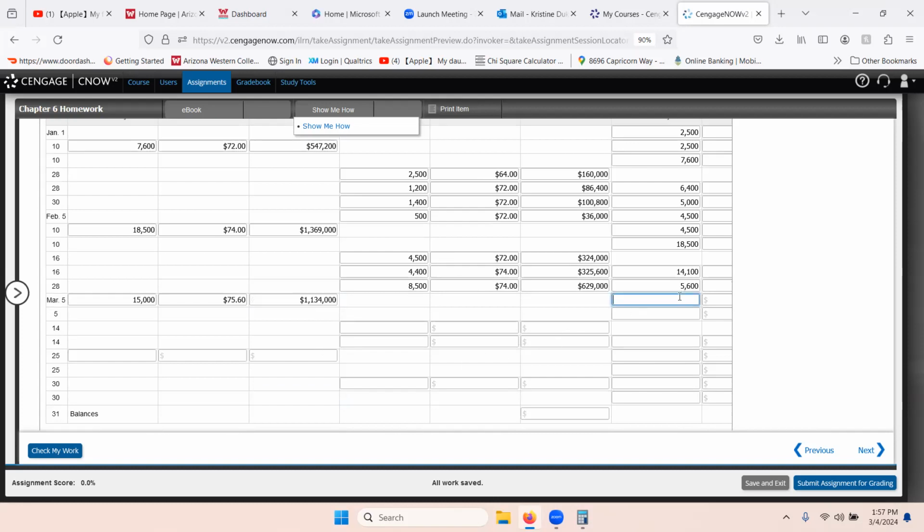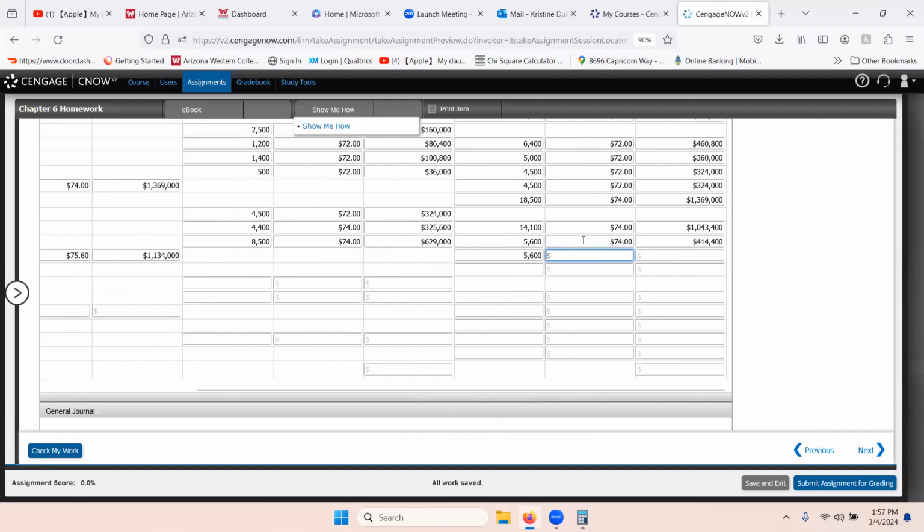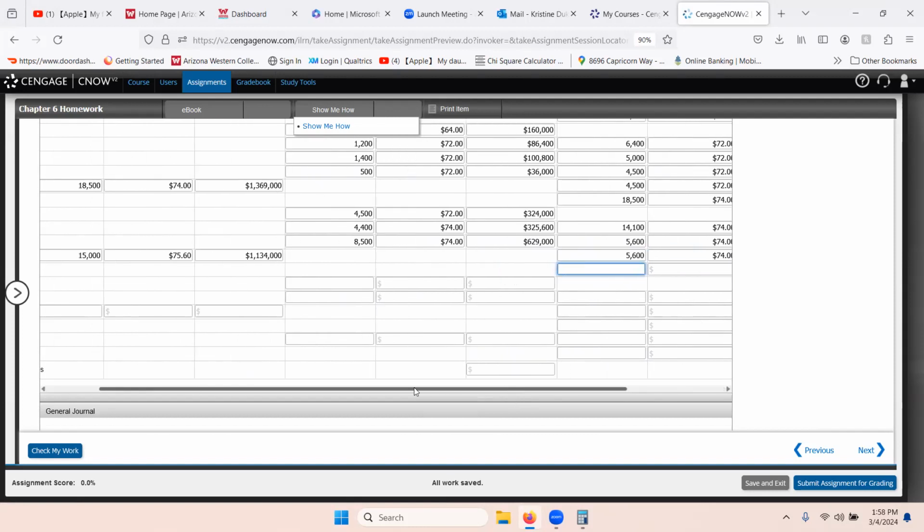Okay, over here, I need to carry down that red batch, 5,600 at 74. $414. And then how many at this one? 15,000.